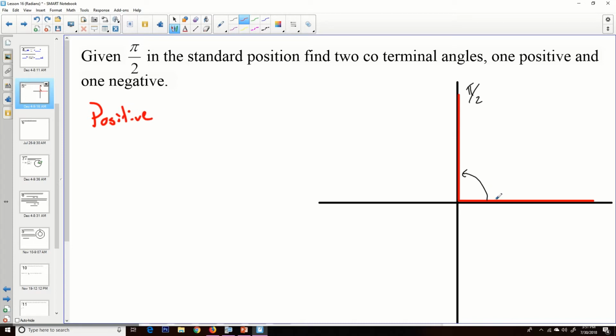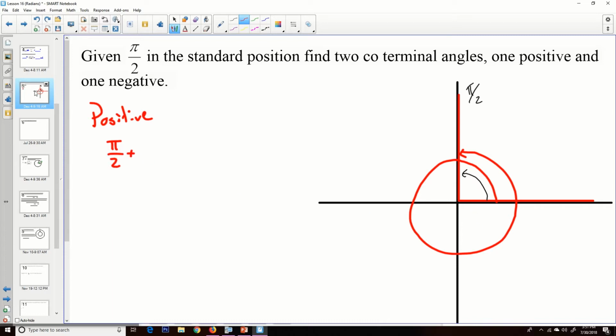It's going to start in the standard position, go up to that one and then go all the way back around until we get to here. So it's pi over 2 plus a circle.